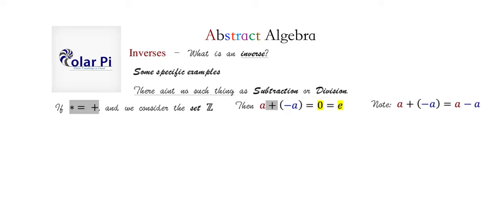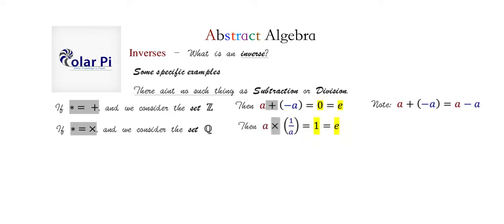Along those lines, there's no such thing as division, because we can see division as multiplying by the inverse of some number. Here, 1 over a is the inverse of a, so when we multiply a by 1 over a, we get 1, and 1 is the identity element with respect to multiplication.